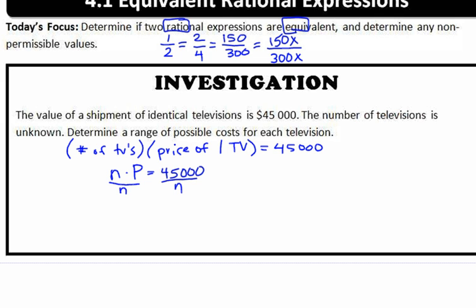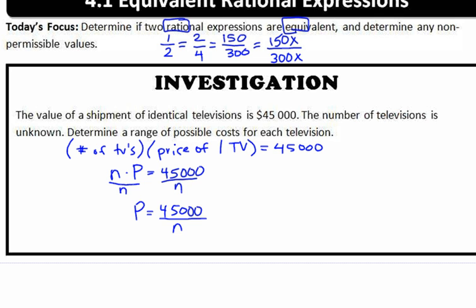If I take $45,000 and divide it by the number of TVs I have, it'll give me the price of each TV, right? Would you agree with that? If I had 100 TVs, $45,000 divided by 100 would tell me how much each TV was. How do you know the price of a single TV? We don't. So we have to make a rate and come up with some possible answers.